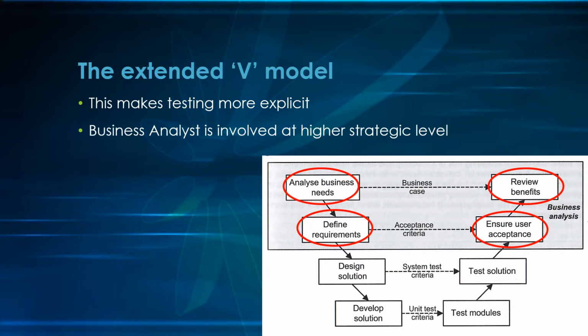Another example of the linear approach would be the extended V model. This makes the testing of each stage much more explicit, and the business analyst can be seen to be involved at a much higher strategic level.